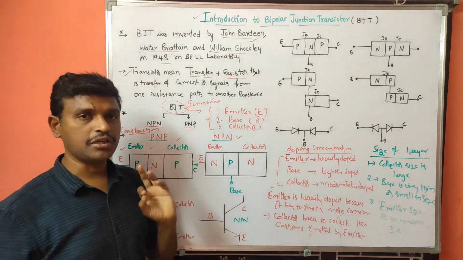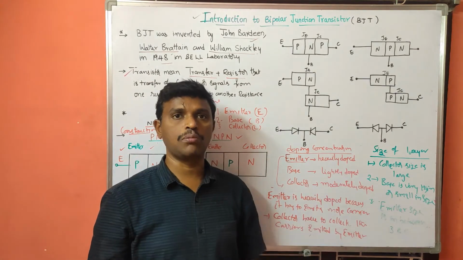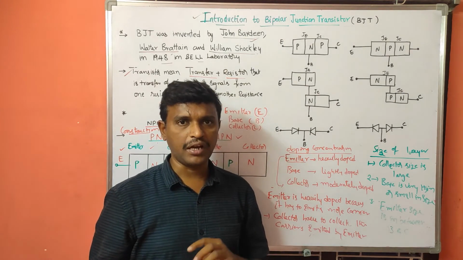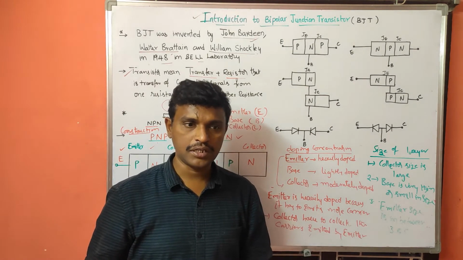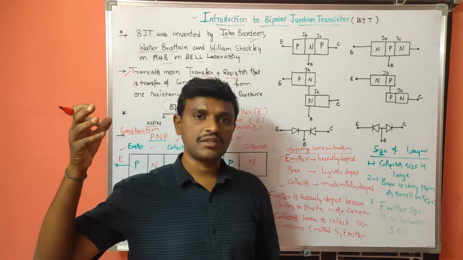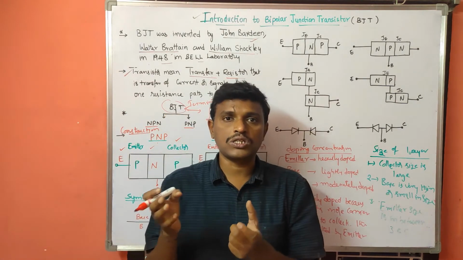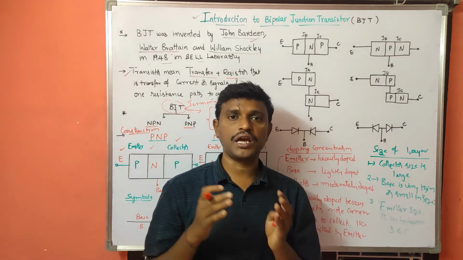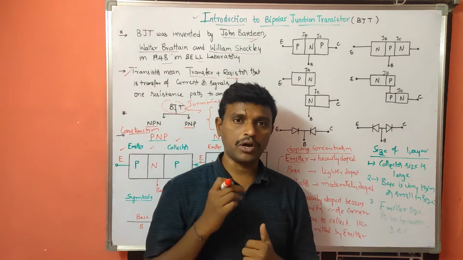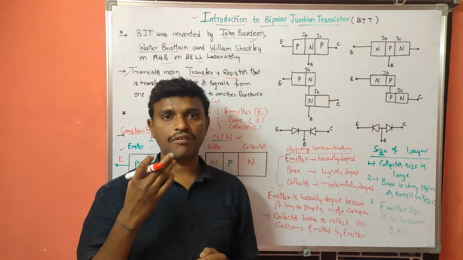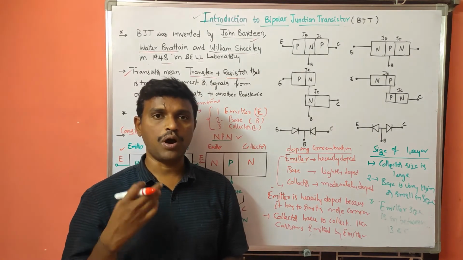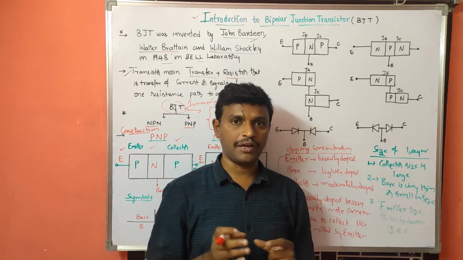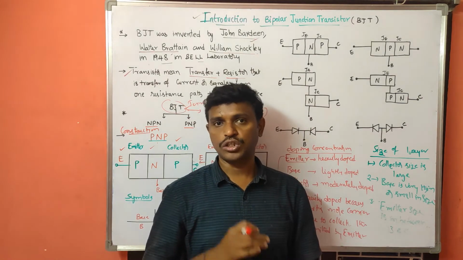So emitter is heavily doped because it has to emit more carriers. What is the relation between doping and more carriers? If the doping concentration increases, the free electron concentration increases. Suppose you add a pentavalent atom to an intrinsic semiconductor: a covalent bond forms with 4 neighboring atoms and 1 free electron is left.